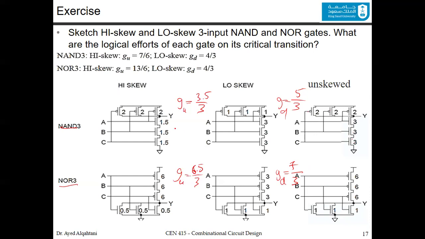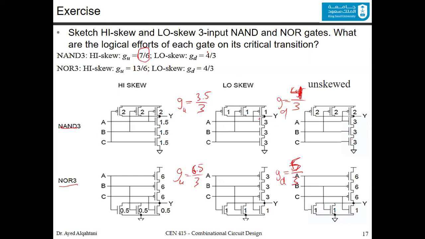Now, this is what we get for the NAND. Sorry, I'm calculating the wrong one. For this one, I was calculating this one. It's supposed to be this one. So 1 and 3 is 4, actually, 4/3. And here we have 3 and 1, which is 4. So this one is 3.5/3, which is going to be 7/6.